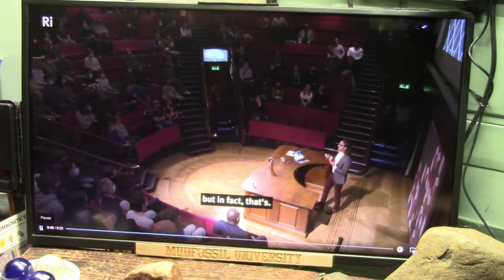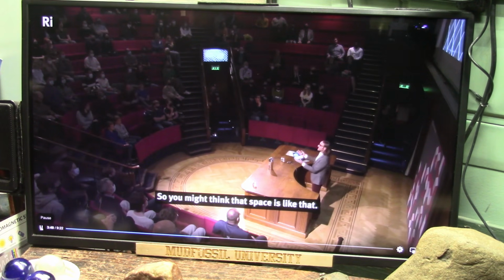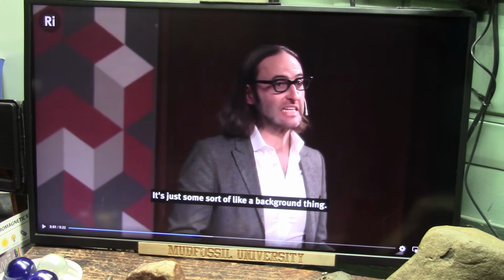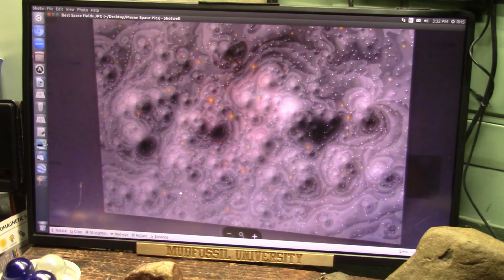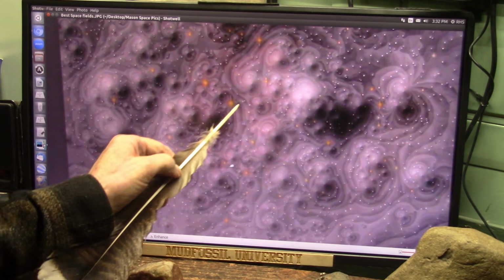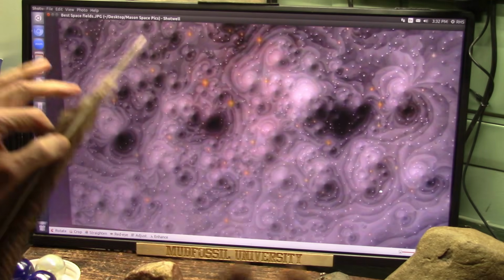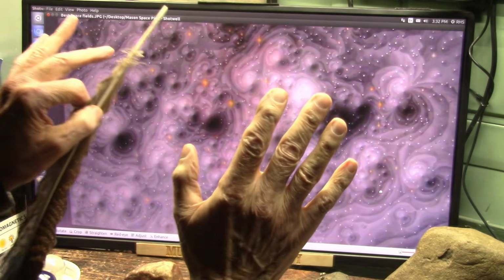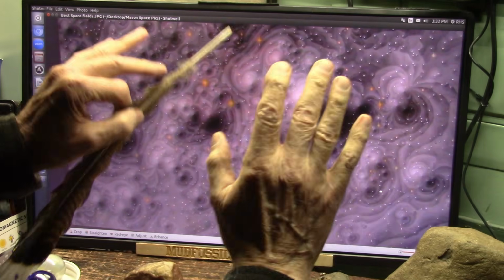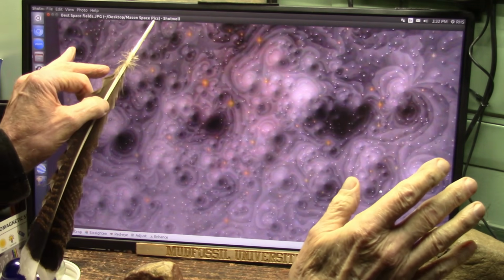But in fact, you might think that space is like that. Space is nothing, just some sort of background thing. No, that's not true at all. It's filled with fields. You see this? This is not just nothing. This is what's out here. These are what's called stacked and layered, using different focal points, and I don't really know that much about it, so I better shut up.